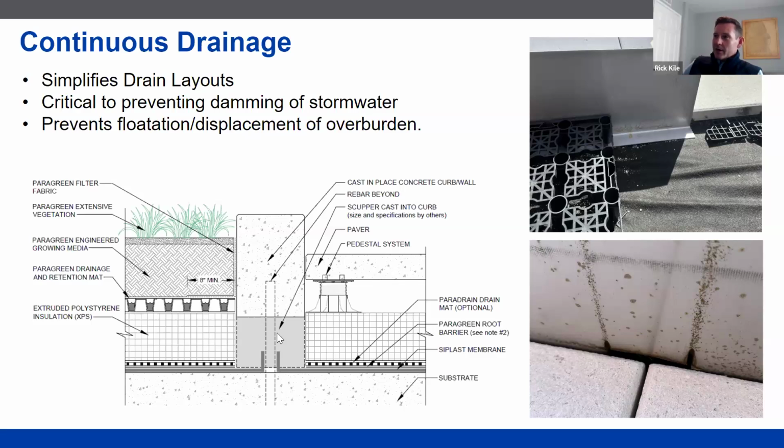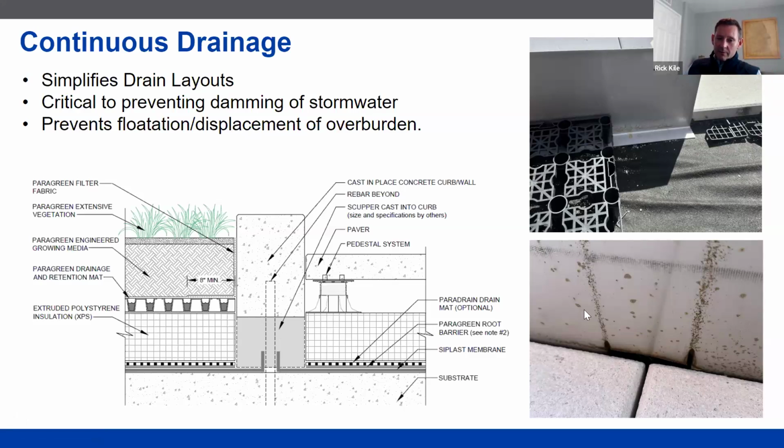In this particular project, we had all of the drains located within the blue-green roof, so there would be flow of water when we did have a larger storm event. All of the components are loose laid, so we would expect that water to eventually perk through, but we want to avoid the building up, the damming of water that can displace some of the components and wreak havoc on that overall assembly. So ensuring continuous drainage, open and free all the way through to the drains, is critical.